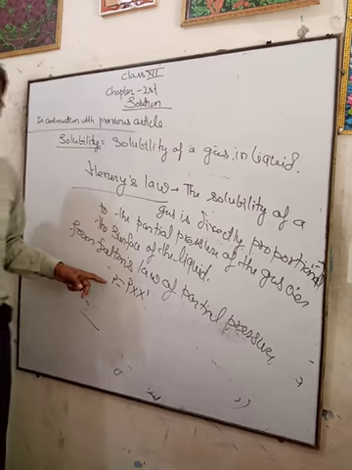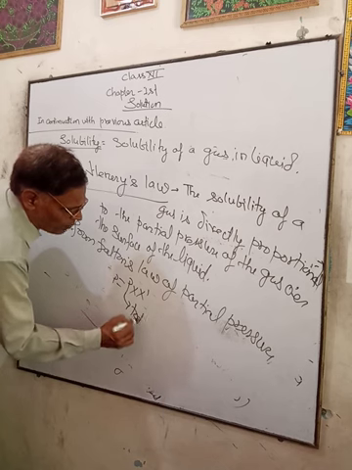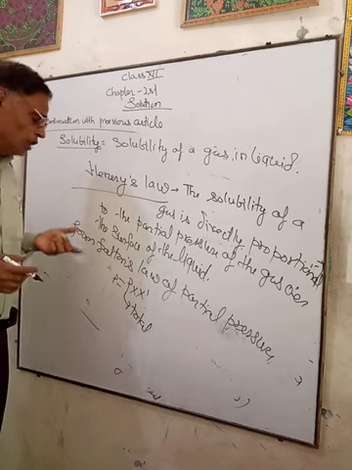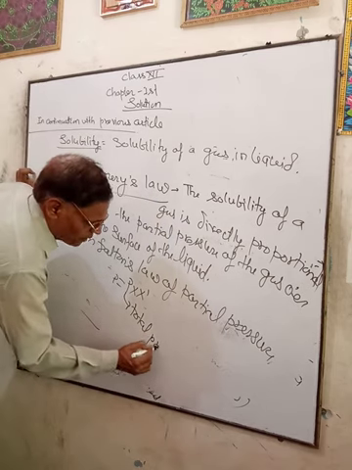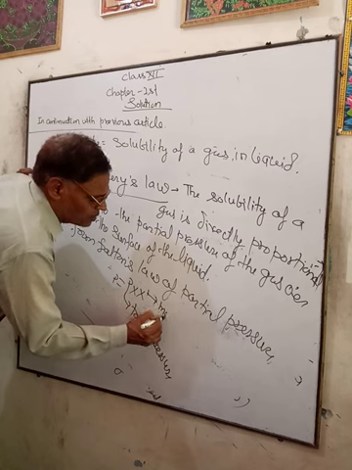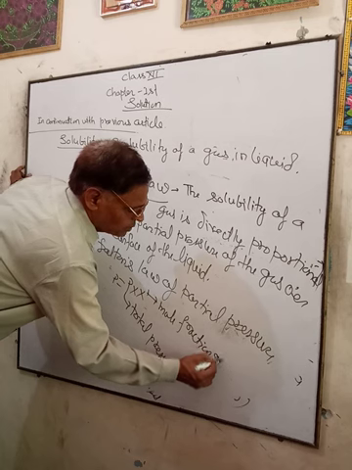Here p is the partial pressure of the gas and P is the total pressure created by all the gases. And what is X dash here? X dash is the mole fraction of the gas.